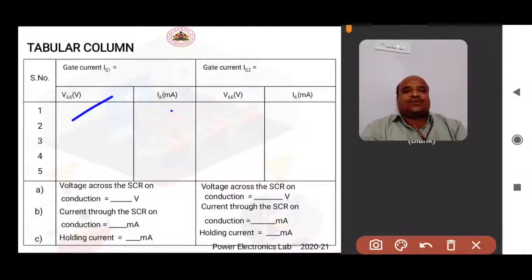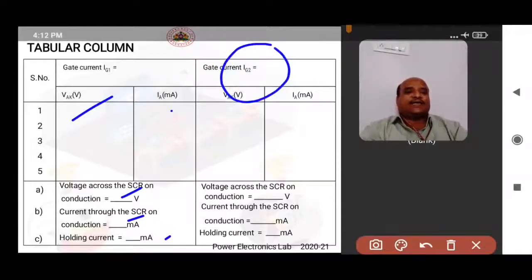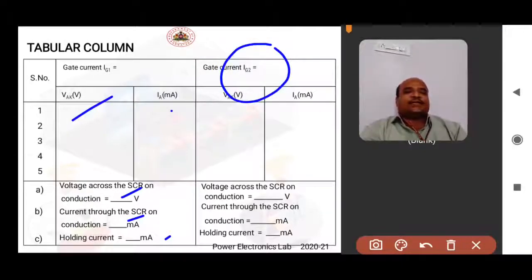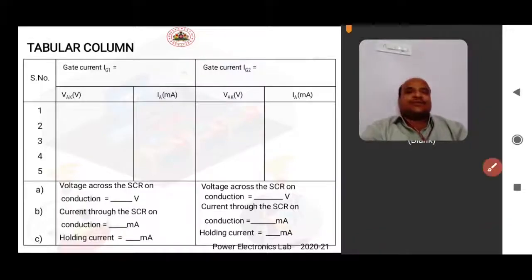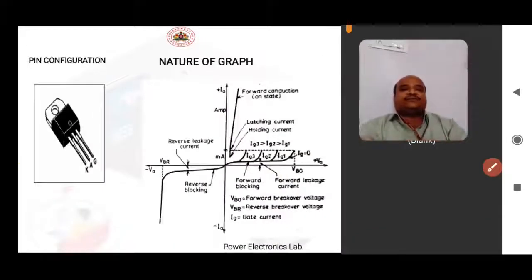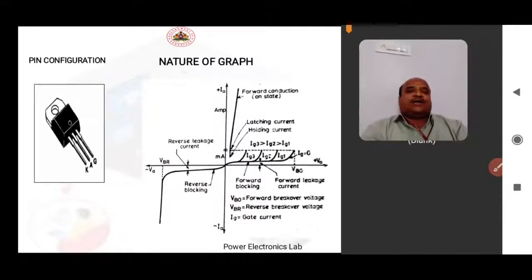You can also note down the voltage across SCR when it is turned on, and the current when the SCR is in conducting state. Then you can also note down the holding current. You can repeat this experiment for different values of gate current. Then using these readings, you can plot the graph. Then your graph will look almost like the characteristics graph.